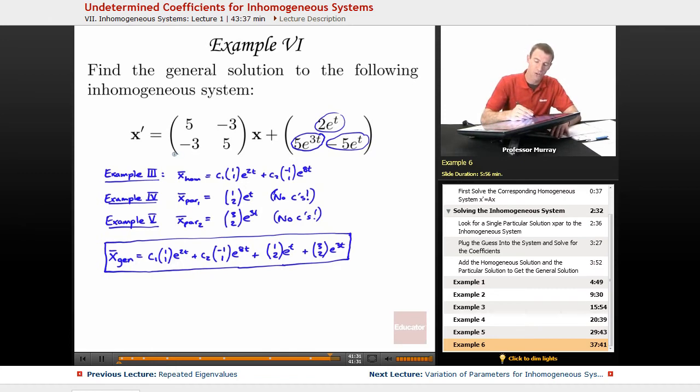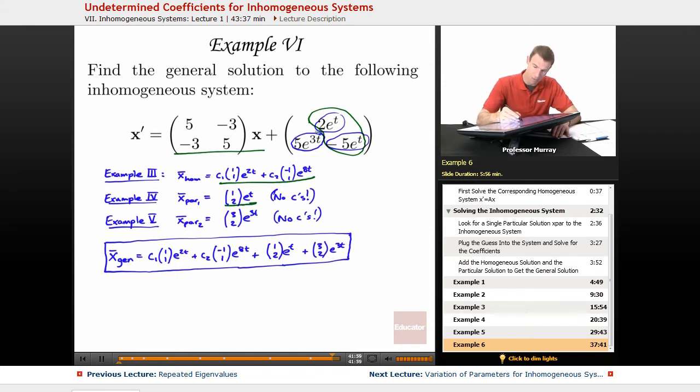We first looked at the homogeneous solution, which back in example 3 we found had this form right here. Then in example 4, we looked at the e to the t terms of the inhomogeneous part, and we found a particular solution using undetermined coefficients that will produce that part of the inhomogeneous terms.